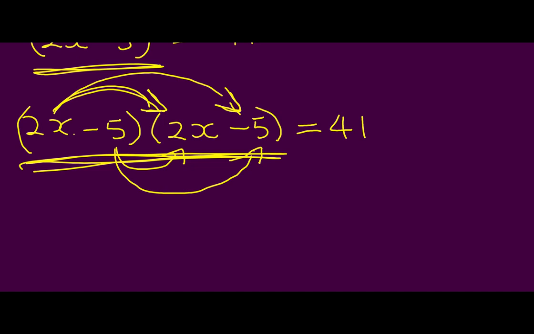So in taking the first, 2x times 2x is 4x², right?